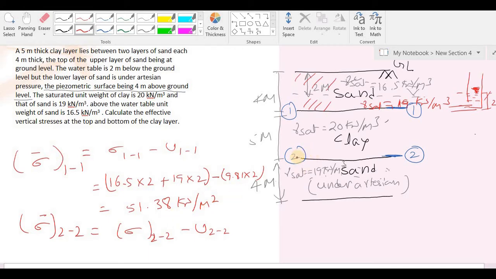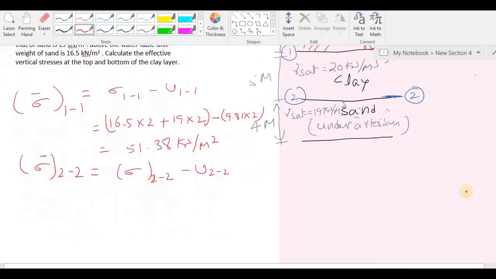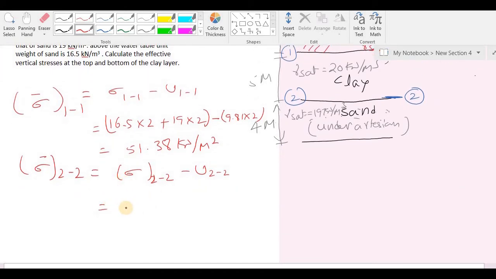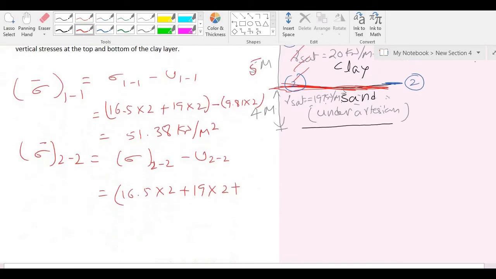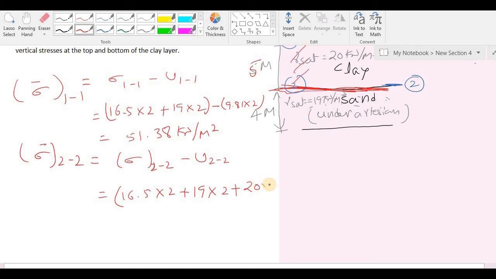So total stress equals 16.5 into 2 plus 19 into 2, plus the bottom of the clay layer means till this point. So we already calculated 16.5 into 2, 19 into 2, and this one is 20 into 5, which is total stress.